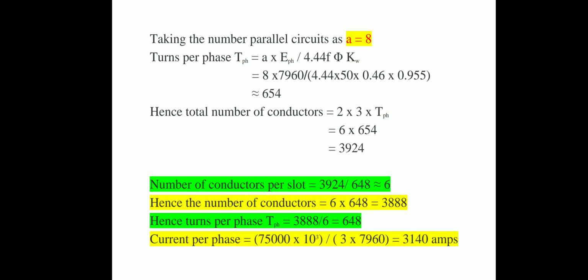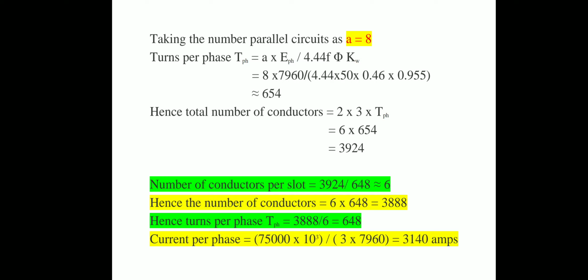Let's see what the result is. Hence the total number of conductors is coming 2 into 3 into TPH, 6 into 654. 654 was your turns per phase, an approximate number. So the total number of conductors is coming 3924.